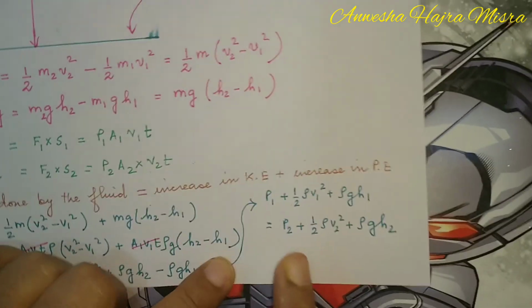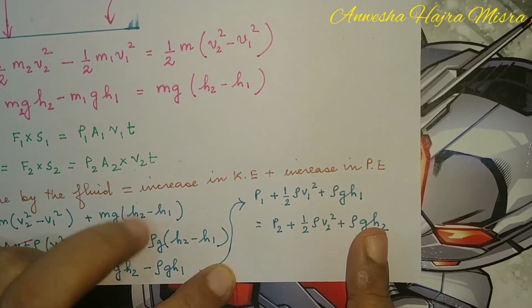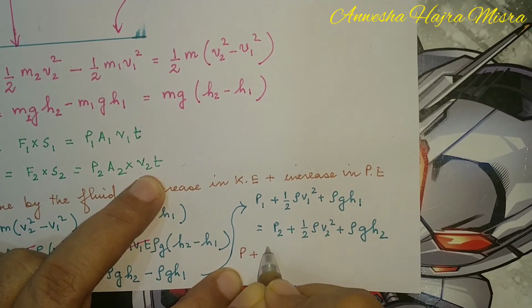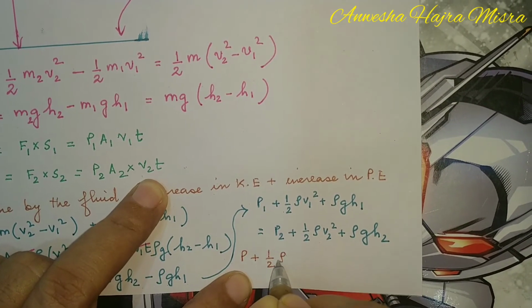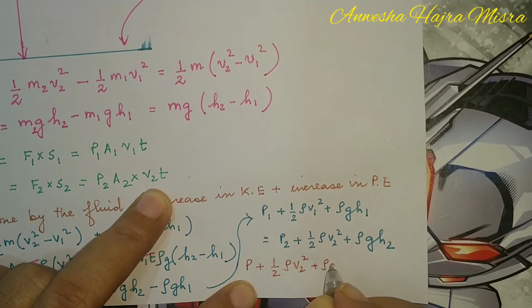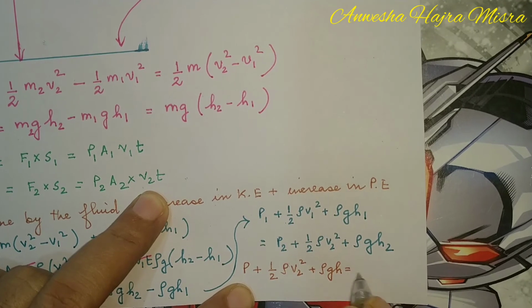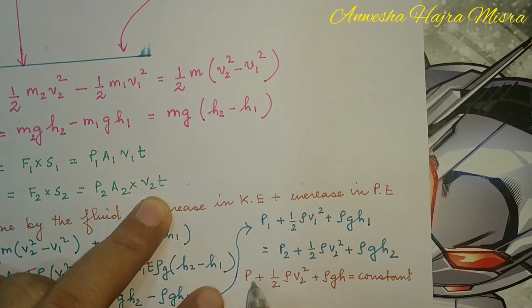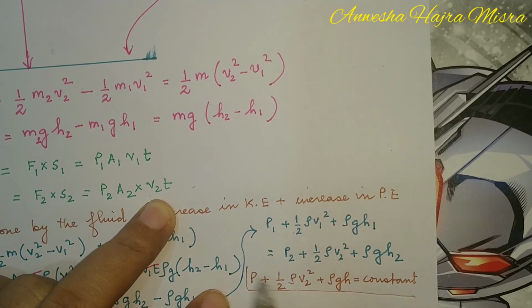So children, if I write a generalized equation, P plus half rho v square plus rho gh will remain constant for all the points. What does it mean?